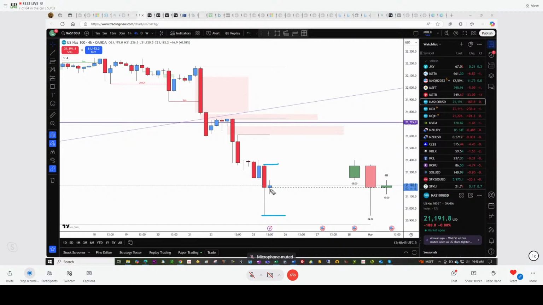So we've got a small wick to the downside. We did go up to the upside, we've come back again, and so we've got one of those dojis. We've got indecision. So we could go that way, we could go that way, we could stay flat. We only have 3 choices, remember?